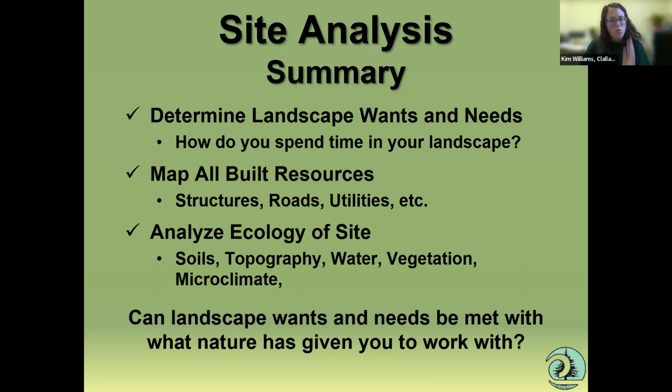Make sure to note on the base map where your septics and utilities are as well. You also want to look at the nature on your site, the ecology of your site, what kind of soils, and write it right on your base map. Can your landscaping wants and needs be met with what nature has given you to work with? We want to be realistic, and we want to create something easy, low maintenance, low water.